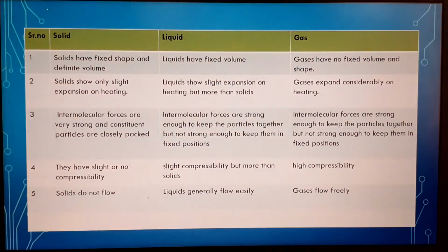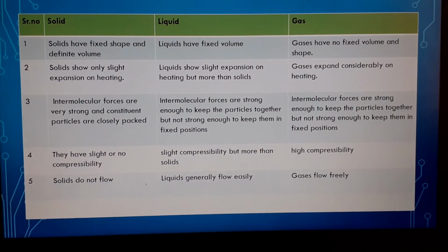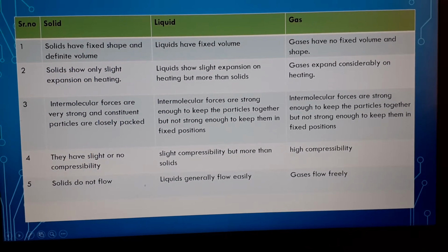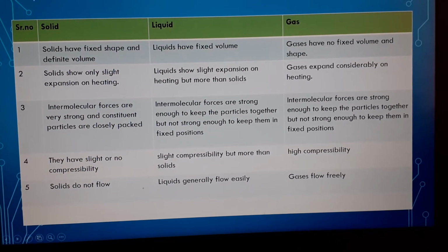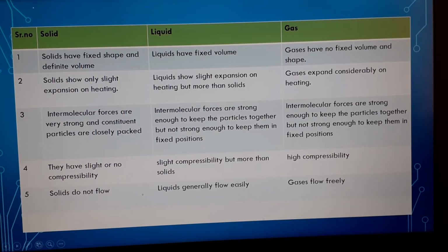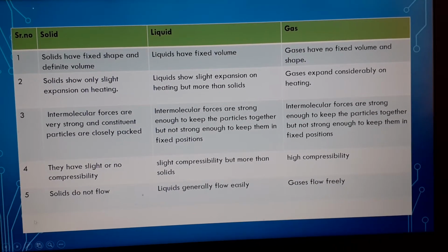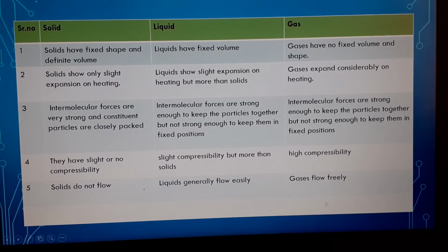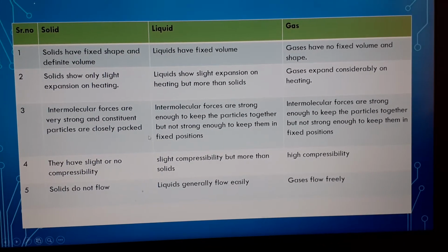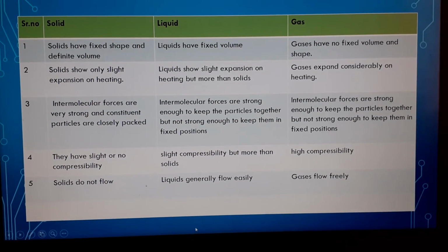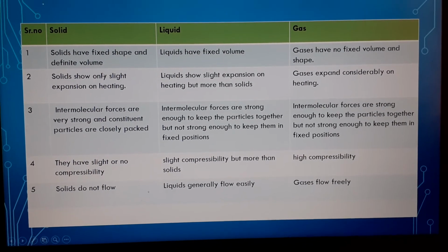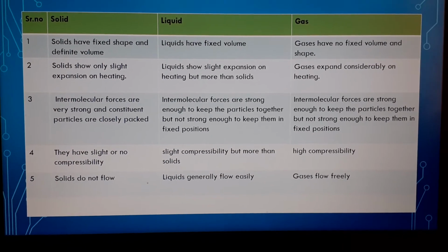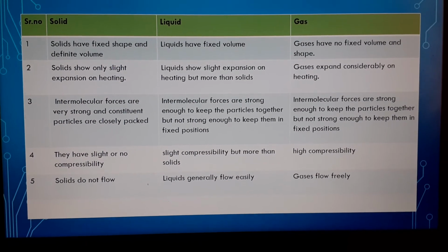Next one, difference between solid, liquid and gas. Solids have a fixed shape and definite volume. Liquids also have a fixed volume. Gases have no fixed volume and shape. Solid shows only slight expansion on heating because its molecules are tightly packed with each other and it doesn't have much intermolecular space.